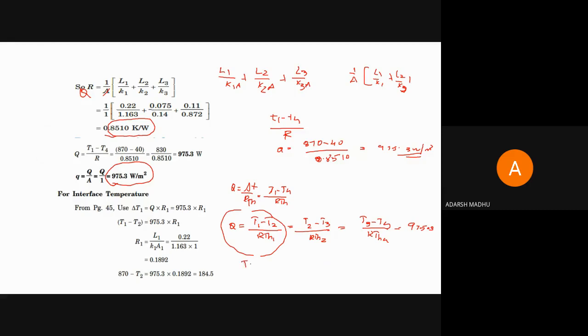So we can rearrange this equation as T1 minus T2 equal to Q into RTh, right? T1 minus T2 equal to 975.3 into R1, Q into R1. So T1 is known and R1 is known. So we can find out directly T2 as T2 equal to T1 minus this quantity, Q into RTh, 975.3 into RTh.